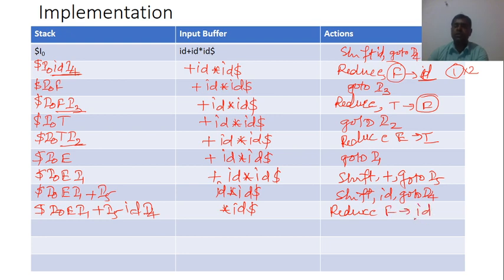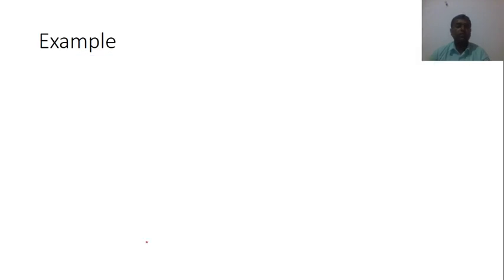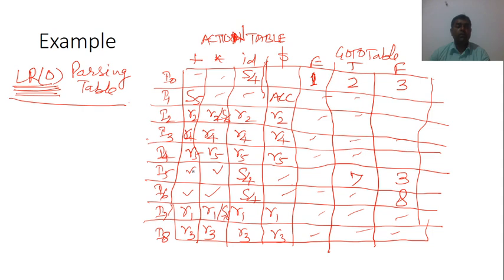How many symbols are in the right side? 1. You have to pop 2 symbols. So now it becomes $ I0 E I1 + I5 F, and here it becomes * id $. Now I5 F, that is what?